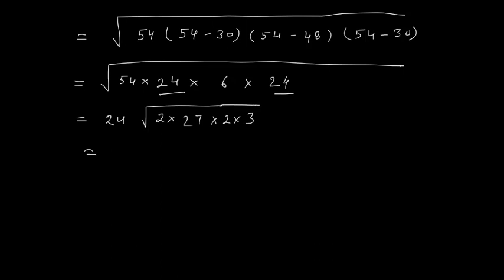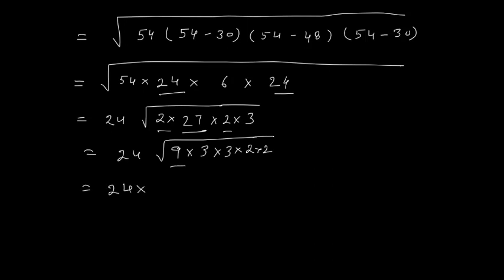Now this is 24. Square root, this 2 into 2 is one pair, and this 27 can be written as 9 into 3. So 9 into 3 into 3 into 2 into 2. This 9 is a perfect square, so outside the square root I write 3. Then 3 and 3 is one pair, then 2 and 2 is one pair.